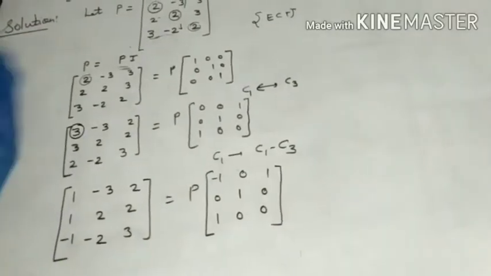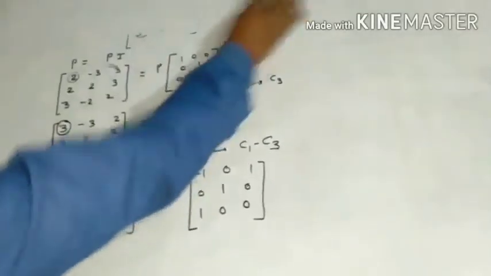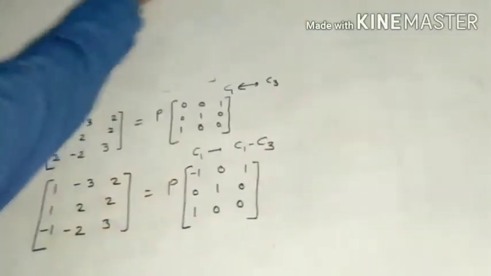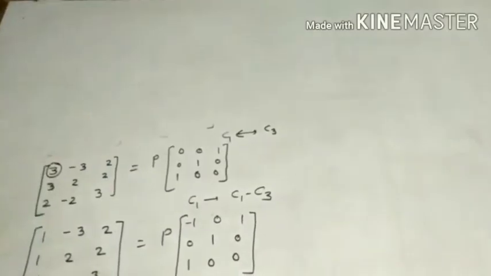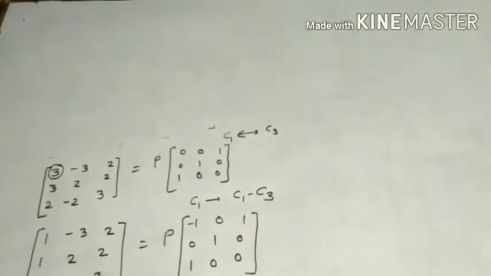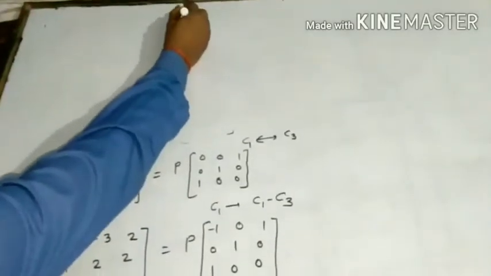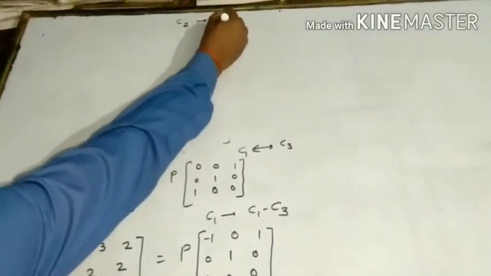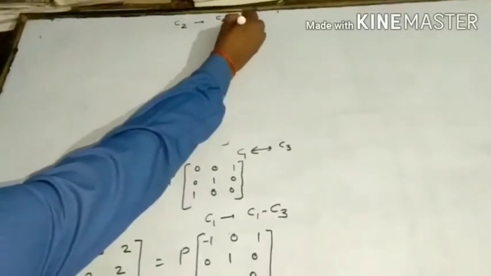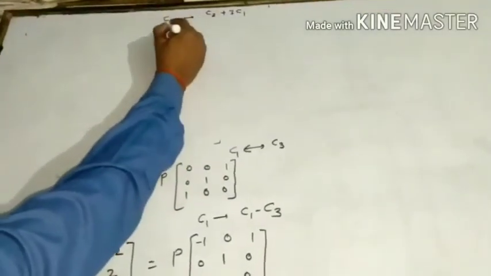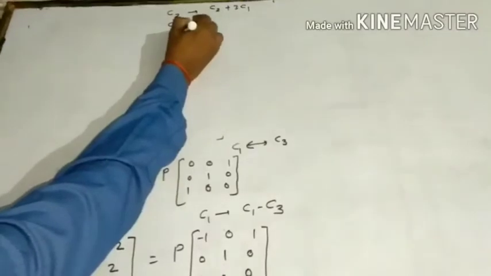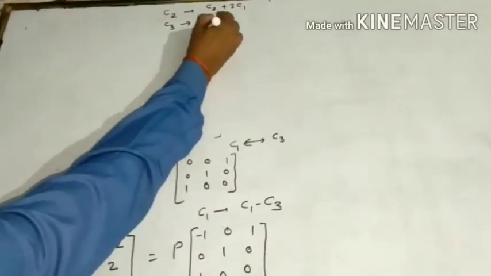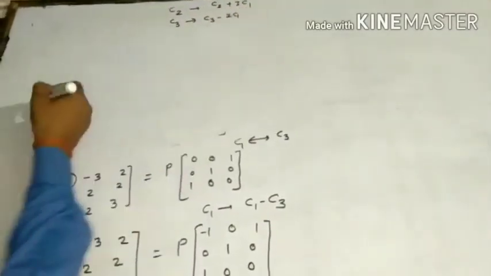After that you have to see, we are going to apply in C2, C2 plus 3 times C1, and in C3, C3 minus 2 times C1.